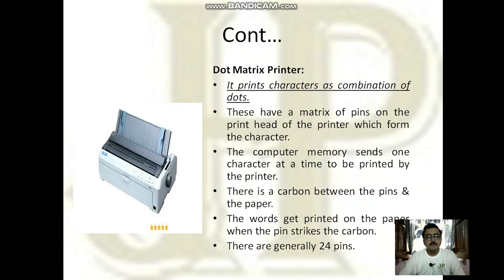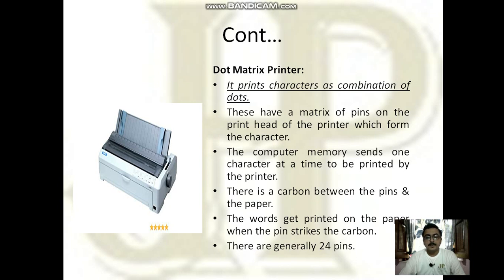First one is the dot matrix printer. It prints characters as a combination of dots. These have a matrix of pins on the print head of the printer which form the character. The computer memory sends one character at a time to be printed by the printer.